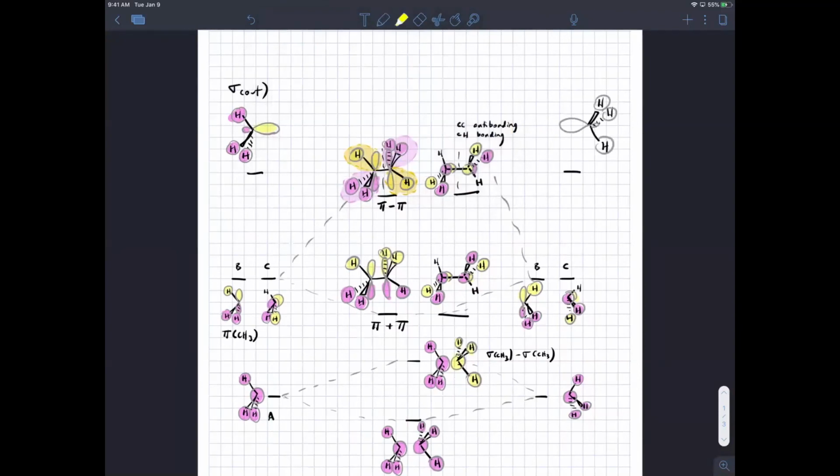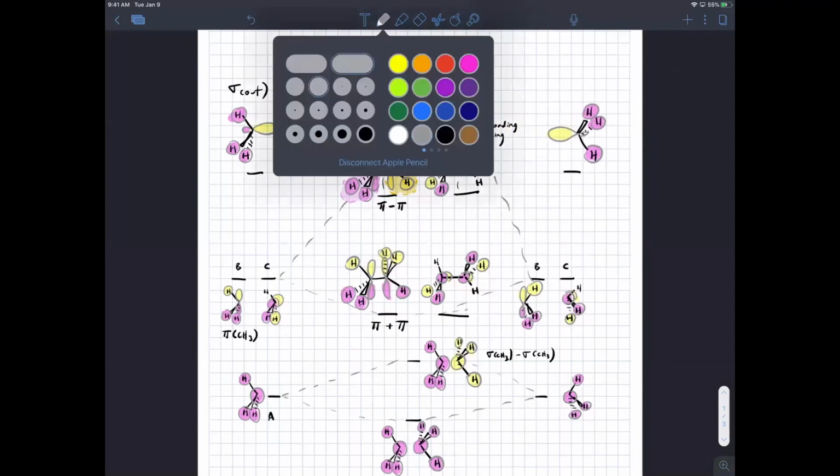And we can bring these together. And this is perhaps the one that resembles a bond most, because if you were to bring these two together, you've got substantial orbital overlap along the line between the two nuclei.